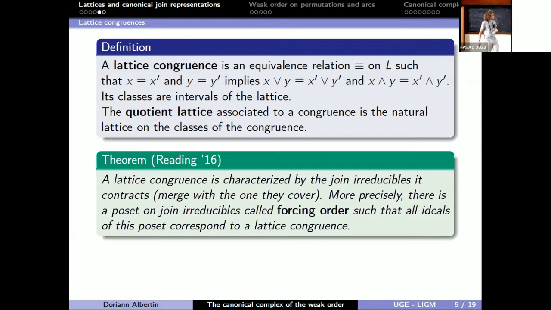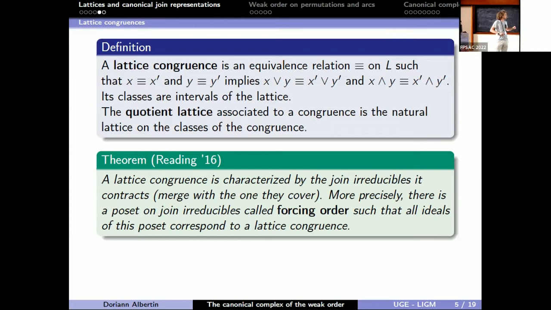Now, a couple of properties of these congruences. They are completely characterized by the sets of join irreducible elements contracted in the congruence, that is, that are merged with the one that they cover. We're going to see that on the example right afterwards. And we can make the statement even more precise by defining a poset structure on the join irreducibles. That's called the forcing order.